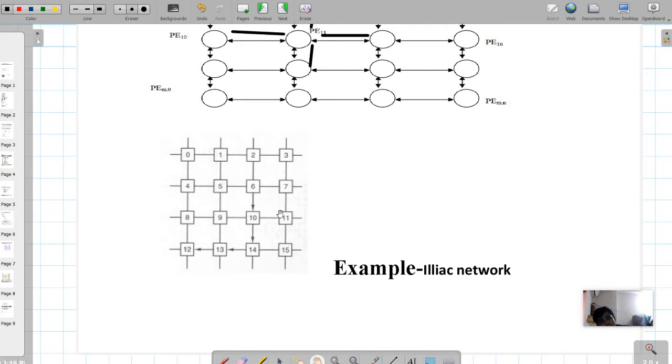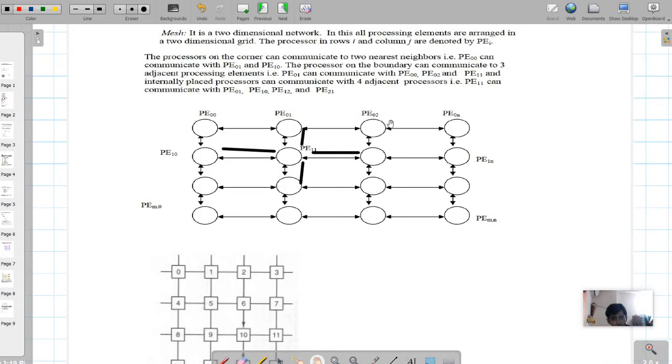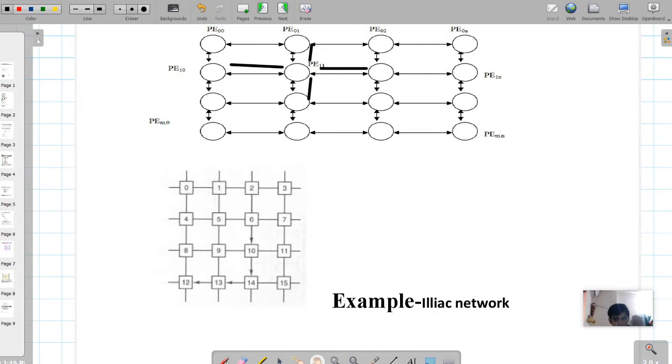Here, the processors have been assigned numbers from left to right rather than two subscripts ij. The upper left processor is assigned number 0, then 1, 2, 3, then 4, 5, 6, 7, 8, 9, 10, 11, and so on.